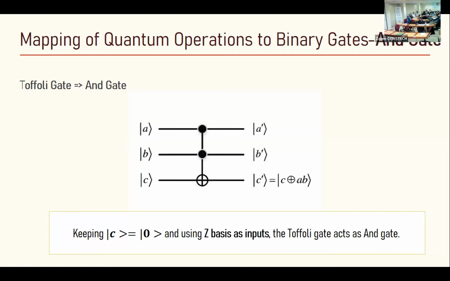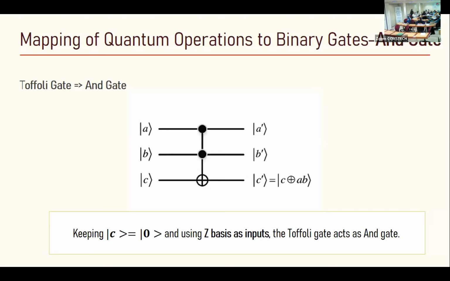Now, given the target qubit is initialized to 0, and the input is given on A and B, tell me that if the input is 0, 0, what would be the output on target qubit? Okay? So if the input is 0, 1, and the target qubit is initialized to 0 again, what would be the output?